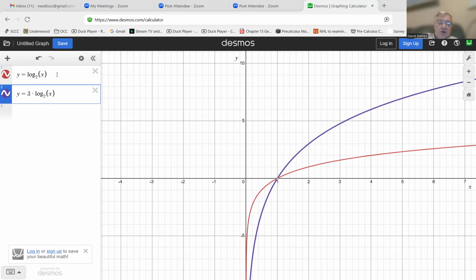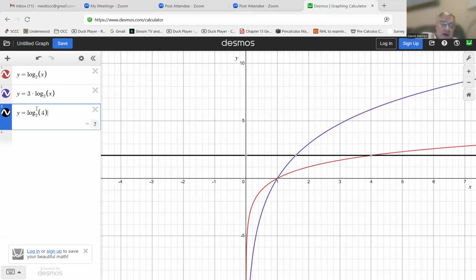By the way, just to recall the definition or the concept of a logarithm, if I took, say, x equals 4 here, let's go back to the original logarithm base 2 of x and replace x with the number 4. Y equals log base 2, not of x, but of 4. It'll just give us the value. It says it's 2.